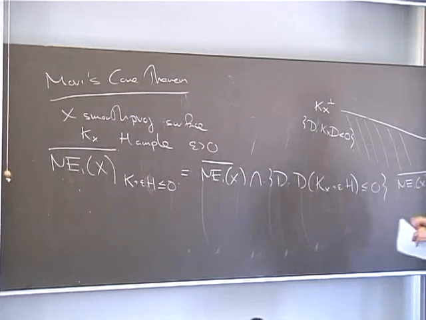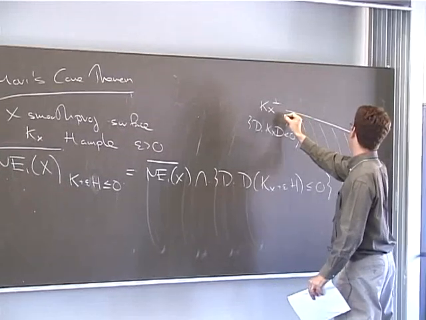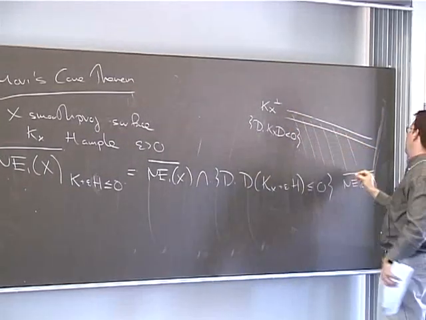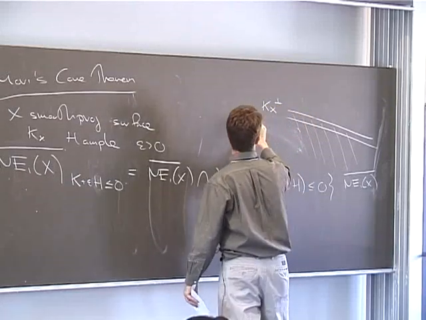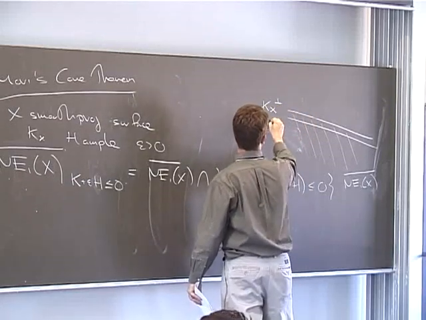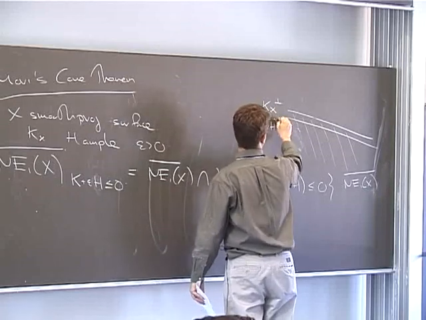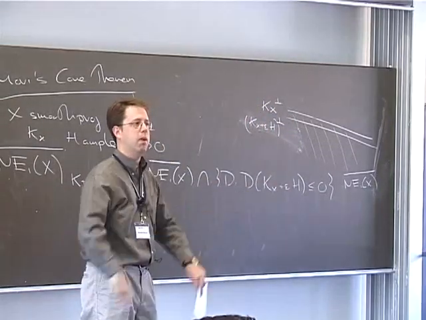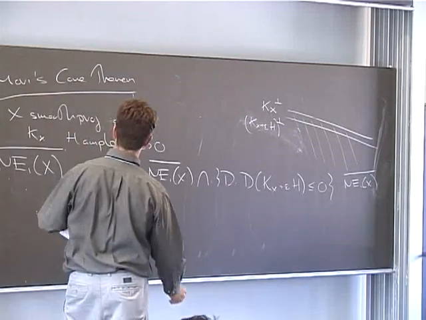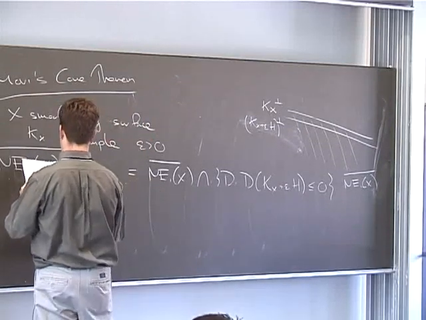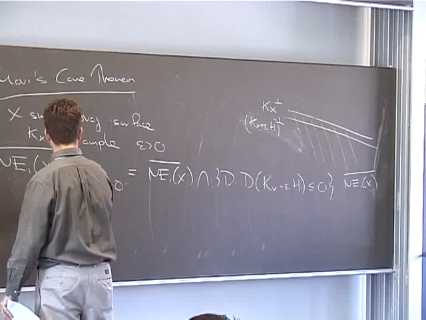Here what I'm doing is pushing off away from this line. So this is (K_X + epsilon H) perp. So this is another hyperplane section. Then the claim is that this cone is rational polyhedral.